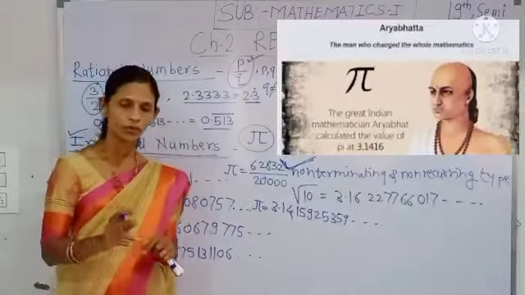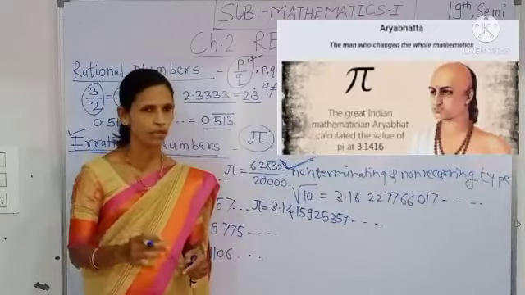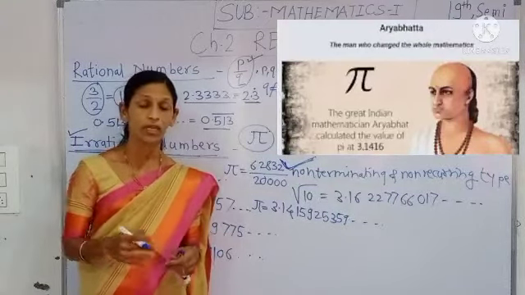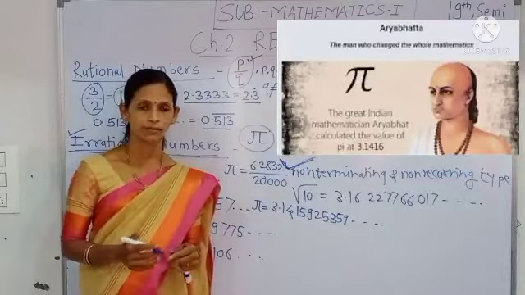Therefore, the value of pi is an irrational number, and it was discovered by the great mathematician Aryabhata.